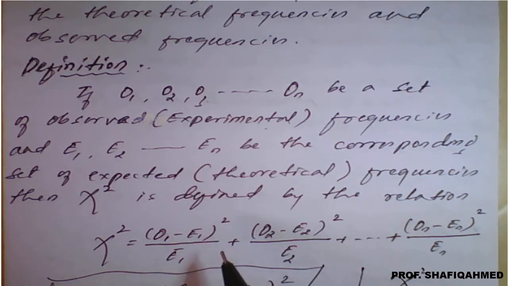Here we are mainly dealing with examples based on binomial distribution and Poisson distribution, which we have already seen, and we will make use of them to get the result of the chi-square distribution.